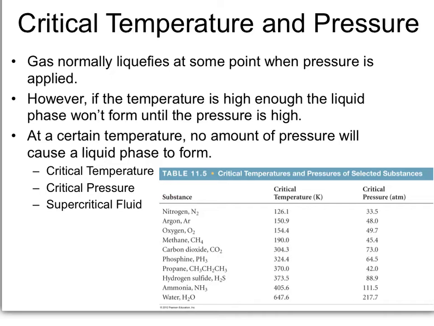Okay, so critical temperature and pressure. We know that gas can liquefy at some point, and usually that happens when we have some type of pressure that's applied. However, if the temperature is high enough, the liquid phase won't form until the pressure is high. So let's say that critical temperature is the highest temperature at which a distinct liquid phase can form.